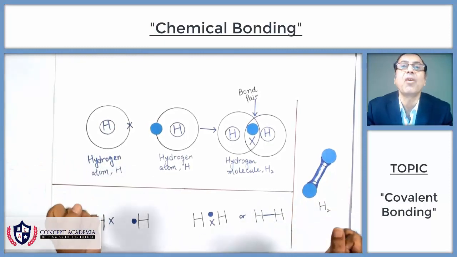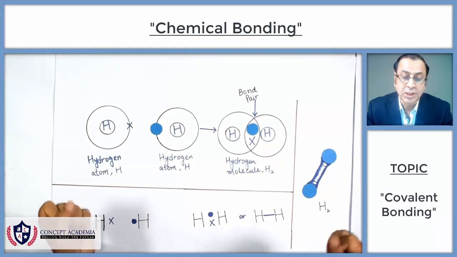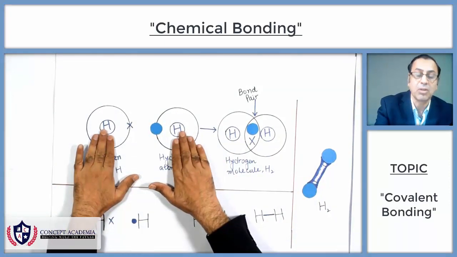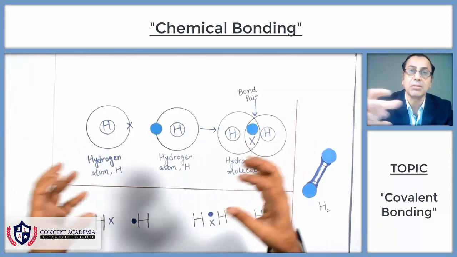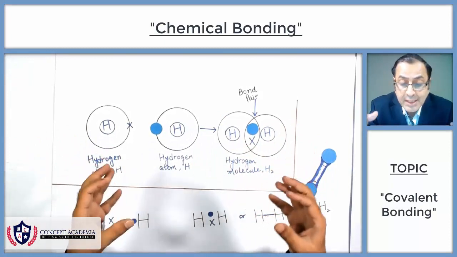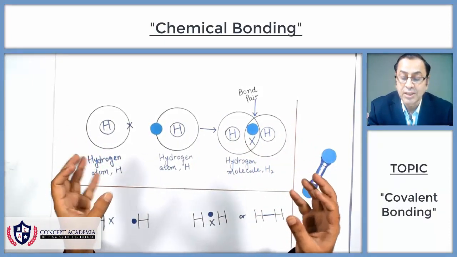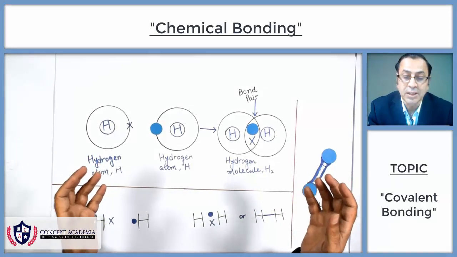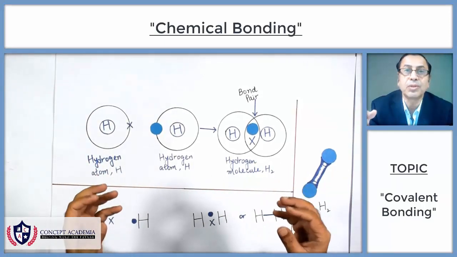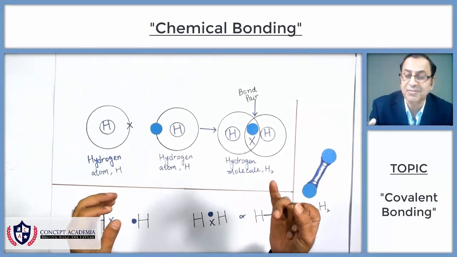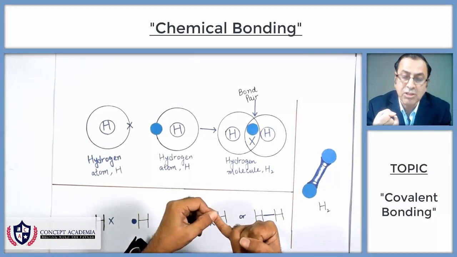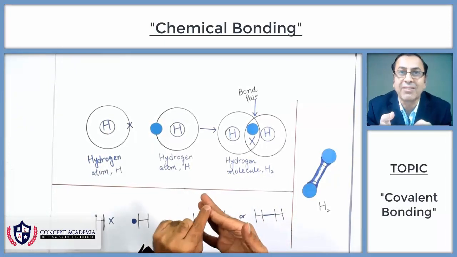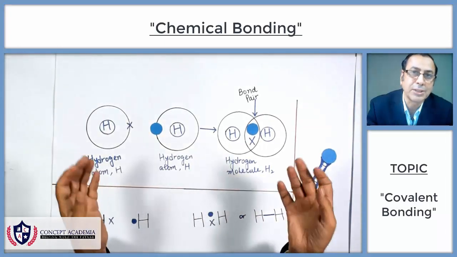Covalent bonding is formed between non-metals. If one atom is a non-metal and the second atom is a non-metal, the bonding between them is a covalent bond. Generally speaking, covalent bonding is formed between the atoms of different elements from group 4, group 5, group 6, group 7, and hydrogen.